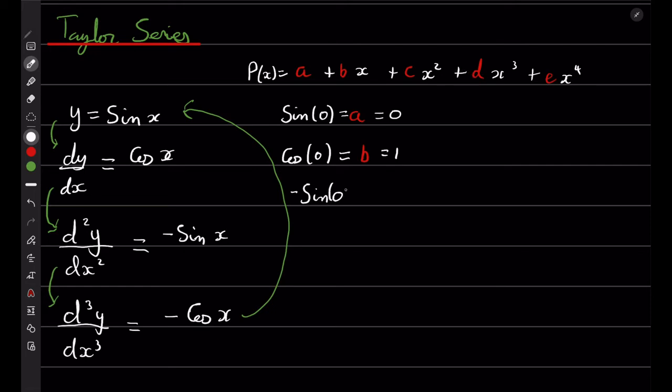So negative sine of 0 should be equal to 2c.